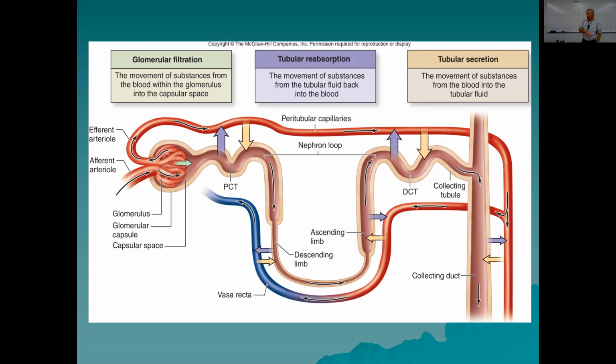And this also happens throughout the whole rest of the nephron. And we're going to talk about where certain things go in only in certain places. And so we're going to take a tour through the nephron and look at what's happening with the tubular secretion and reabsorption through the proximal convoluted tubule, through the loop of Henle, through the distal convoluted tubule, and then into the collecting duct.